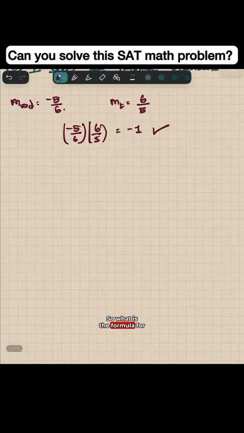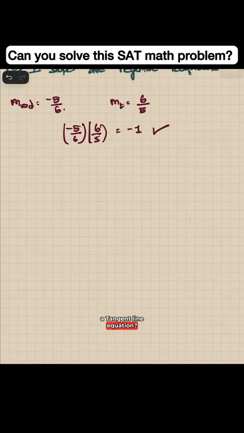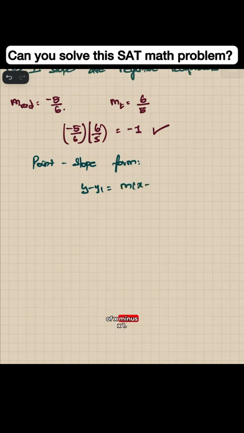Next up, you want to write the tangent line equation. So what is the formula for a tangent line equation? You have the point slope form: y minus y1 equals m of x minus x1. Plug the numbers into the equation.